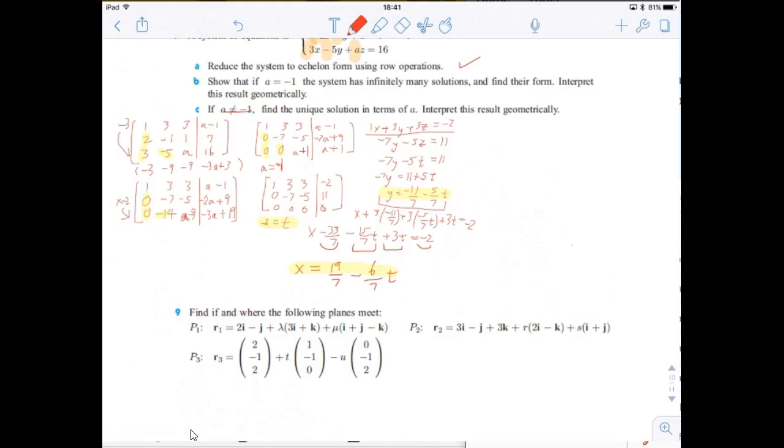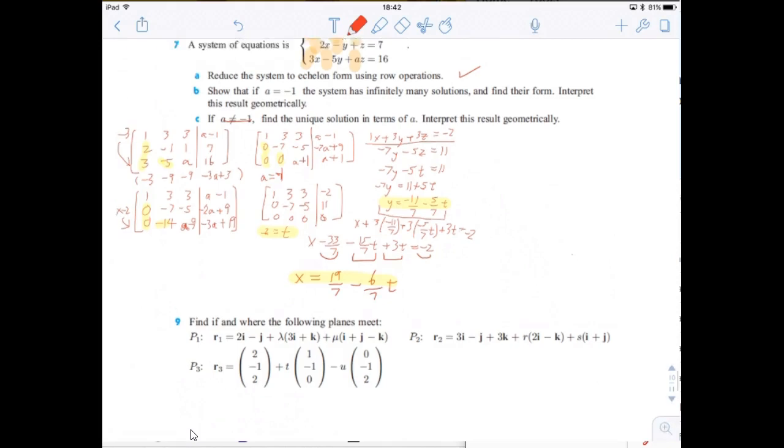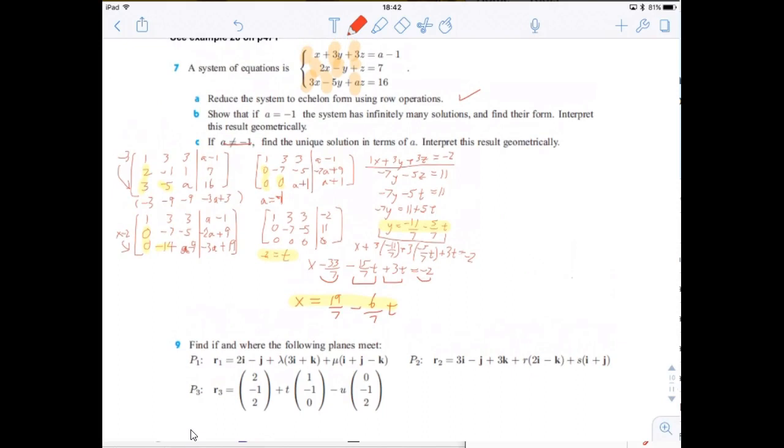Interpret this result geometrically. Okay, let's go back and look at our original echelon form equation with A still in it. It looks like that. And now if A is not equal to -1, you can imagine that the last row basically has 0, 0, and then some number which is not 0, and some number which is not 0, the identical number, right? Now let's write that into an algebra equation.